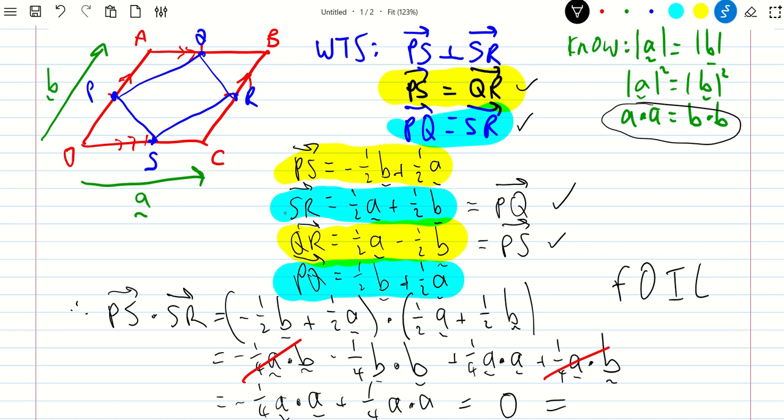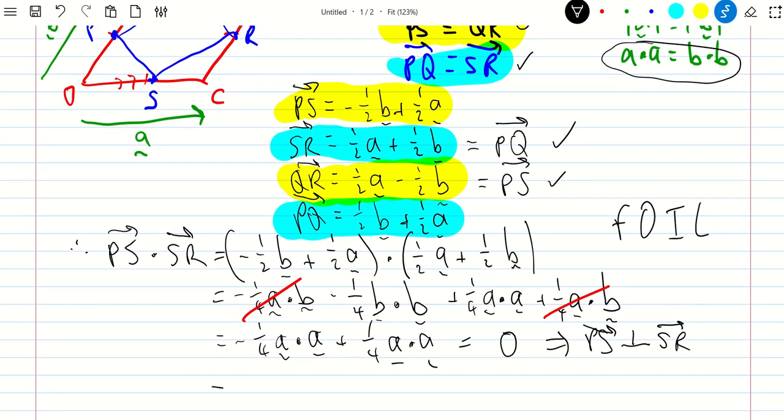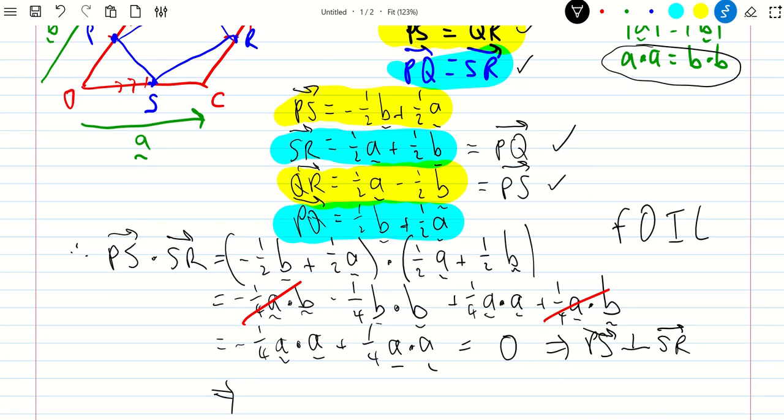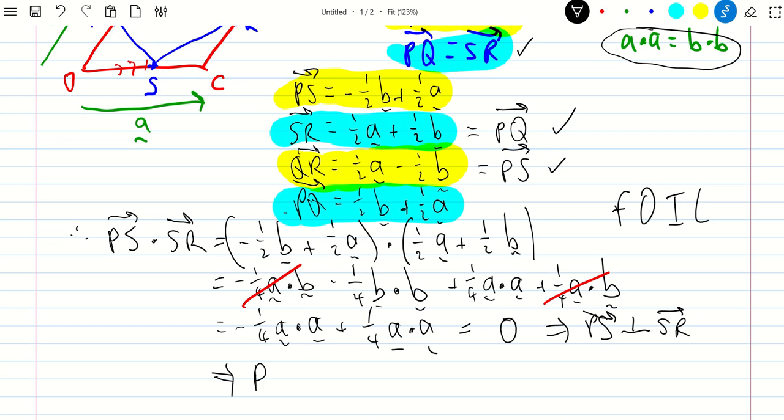And so therefore, this tells us that PS is perpendicular to SR because we've got 0 for that. They're perpendicular. Therefore, we've shown everything we want to show, and we know that therefore PQRS is a rectangle. Hope that makes sense.